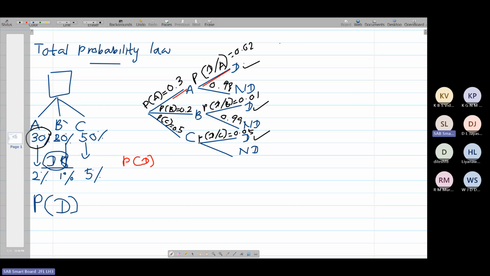Understood? After that we can add them together, because all are in the defective. Then the probability of D equals 0.3 into 0.02 plus 0.2 into 0.01 plus 0.5 into 0.05.